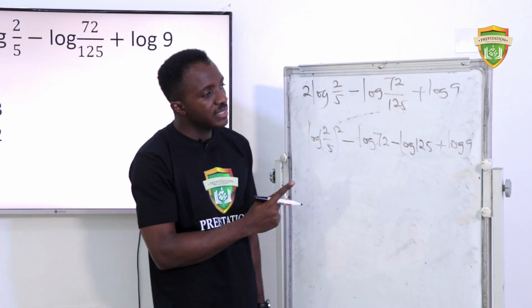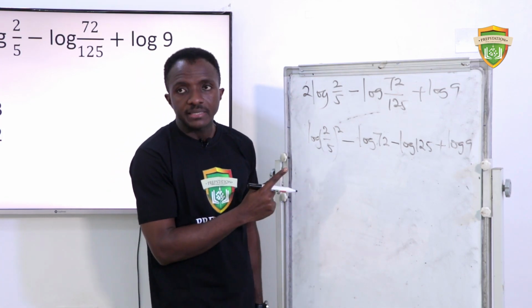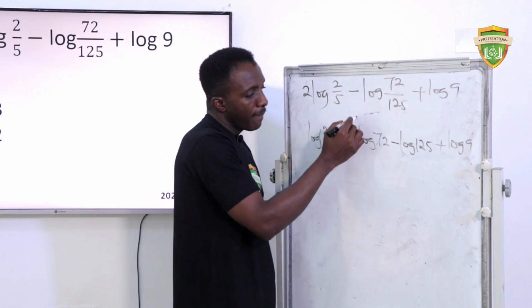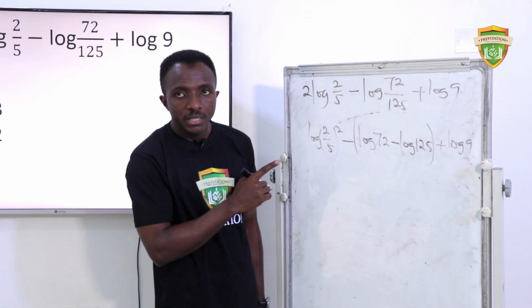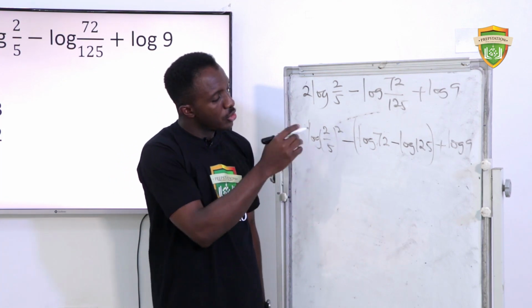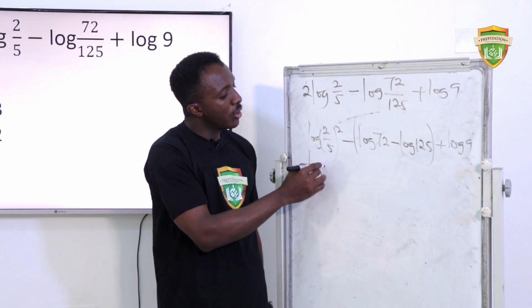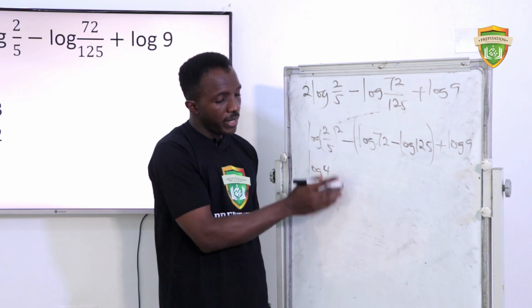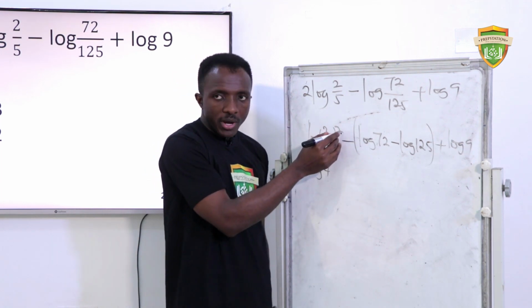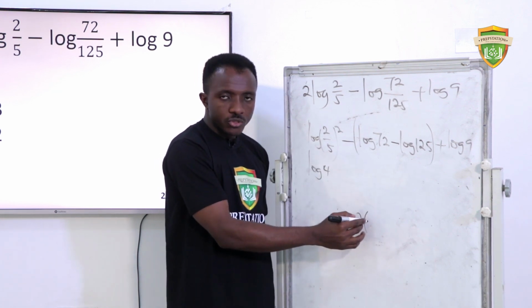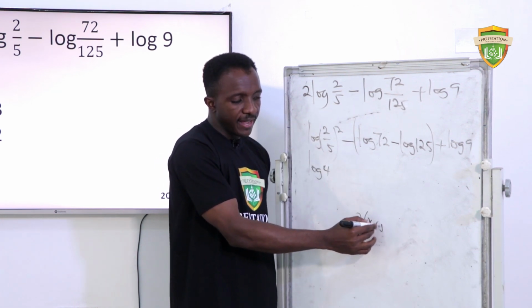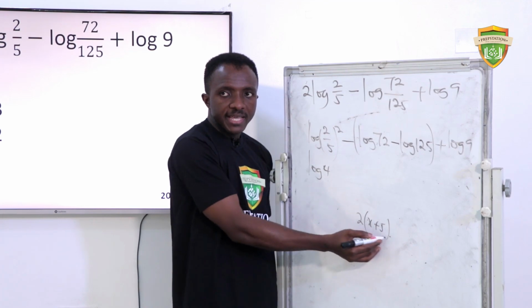Hello? I hope you can see this. And then we have that. Now, look at this. I'll decide to put it this way. Can you see this? I try to use brackets. What you have outside the bracket affects everything inside the bracket, more like if you have 2 into x plus 5, the 2 multiplies everything.